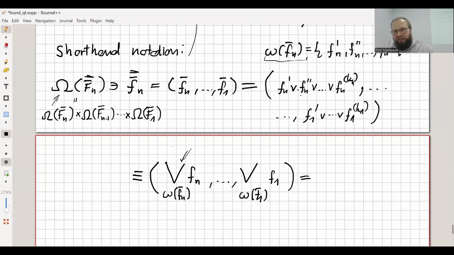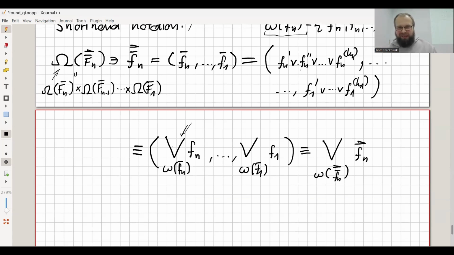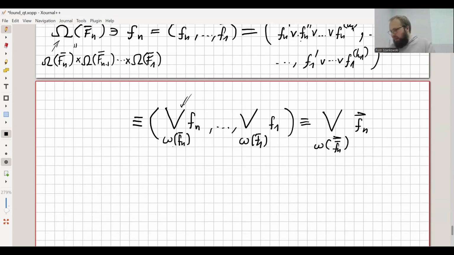Or an even shorter notation, omega V n bar tuple, V n tuple. Okay. Is this clear what's going on here? Hopefully it is. So that would be the notation we want to use.